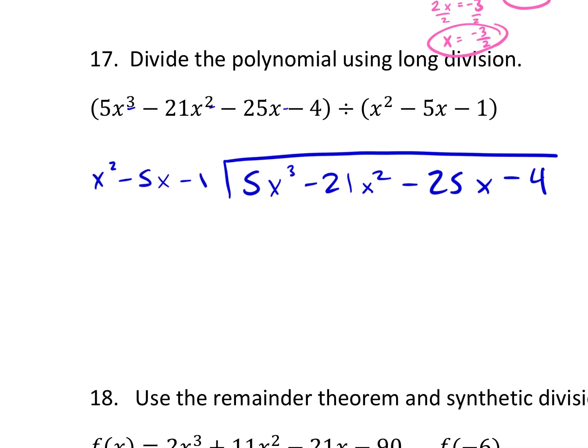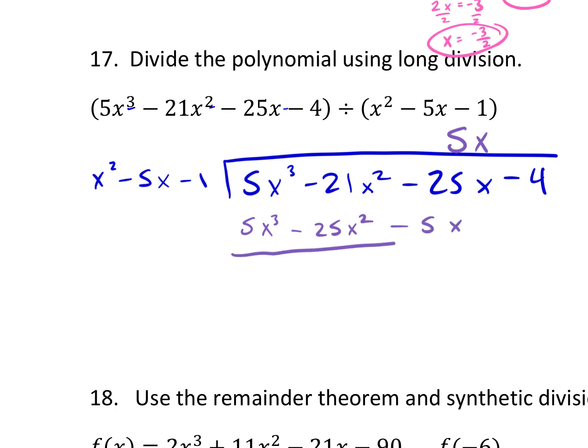What is 5x to the 3rd power divided by x squared? 5x. So I'm going to put that over the x term. Then I multiply. So 5x times x squared would be 5x cubed. 5x times negative 5x would be negative 25x squared. And 5x times negative 1 would be negative 5x.